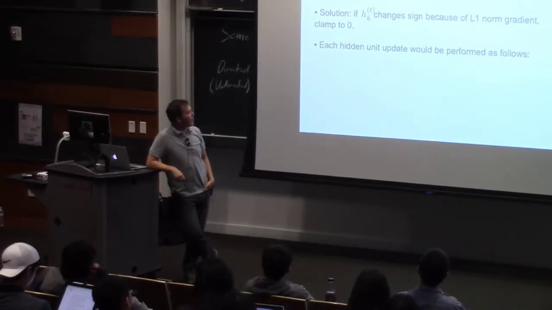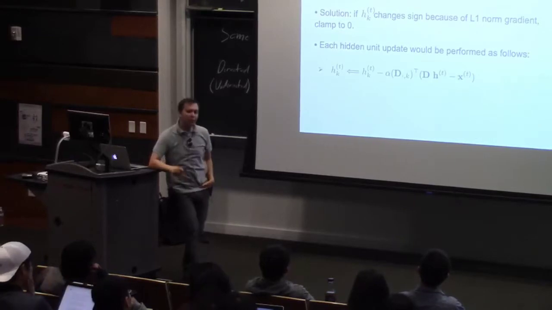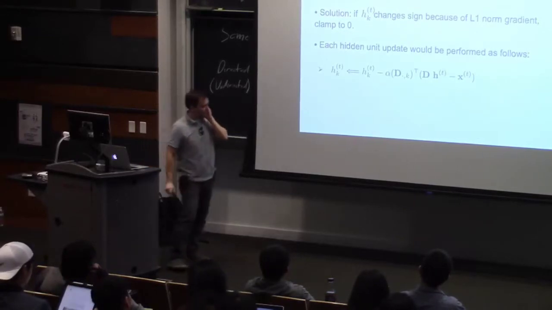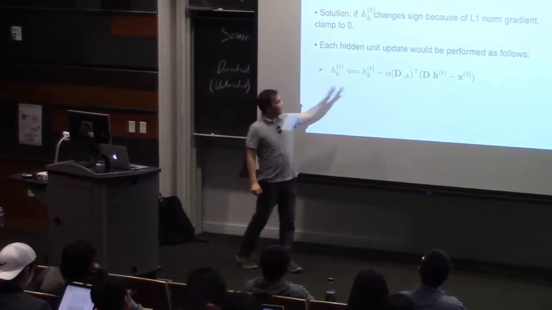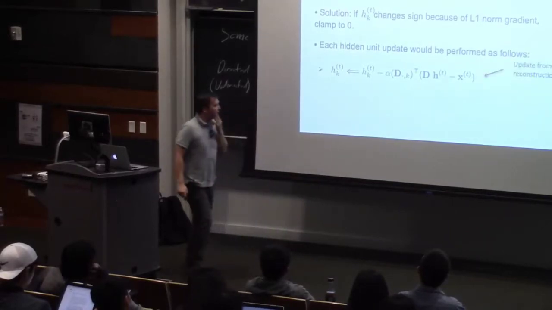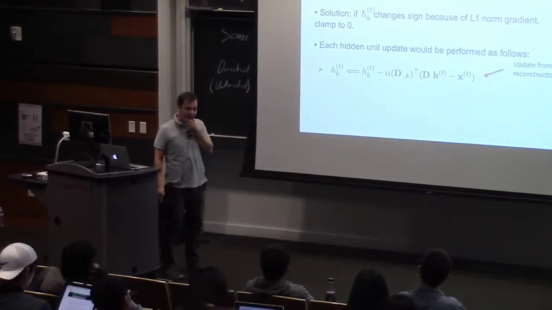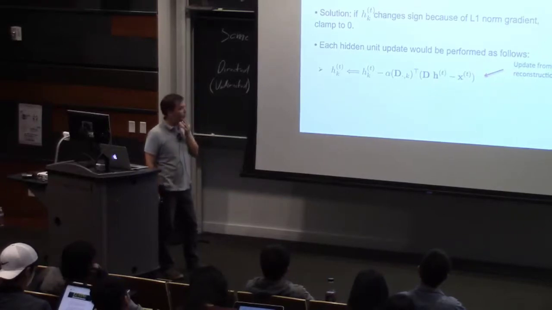So now the update for every single unit is performed as follows. You basically change the hidden state. This is the update from the reconstruction part. And then you basically do the following.